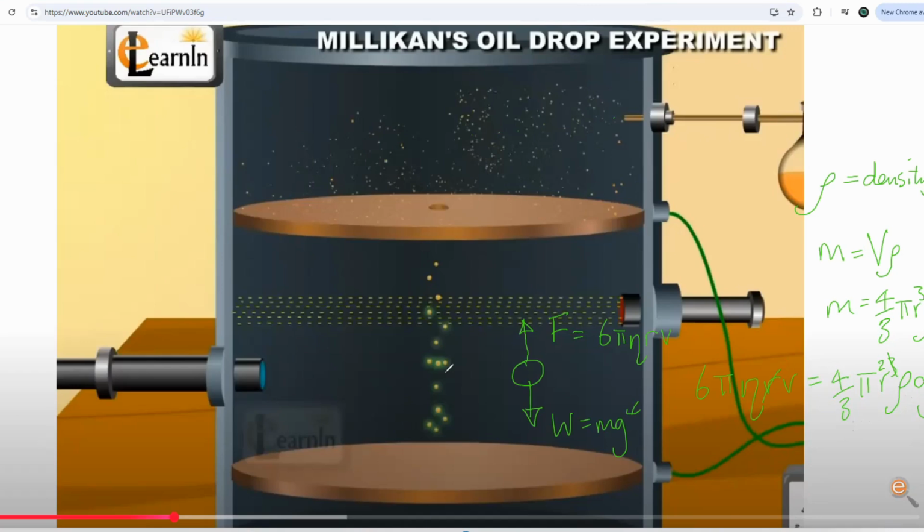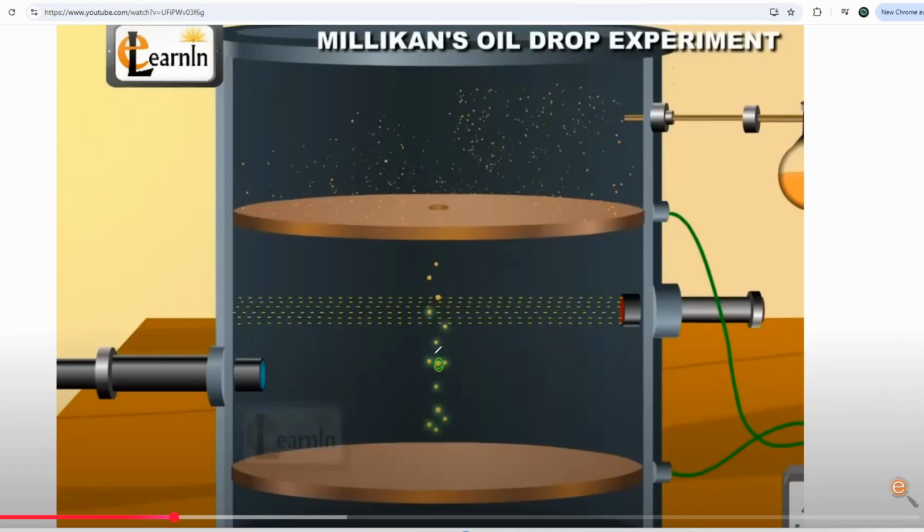Now, for that same particle that we've just measured the speed of, if it's charged as it goes through the X-ray beam, and you apply a potential difference between these two plates, extra complication, then you can get your particle to stop. You can apply an upwards electric force which matches the downwards weight.